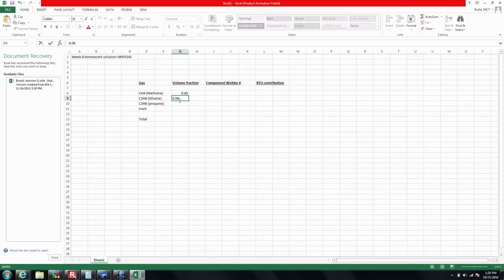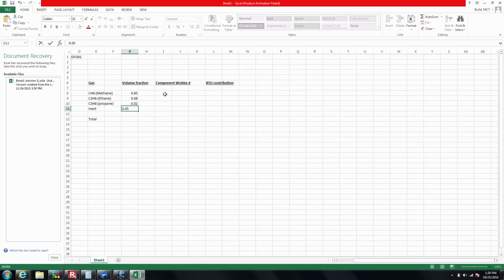Next up is our ethane, which is 8%. Our propane is 2%. And we have 5% inert gases, which won't be contributing anything, obviously. So we have our component values given for each one of those.